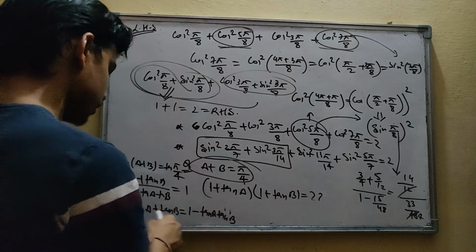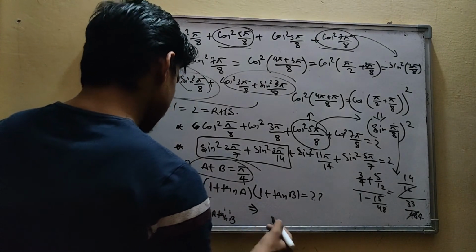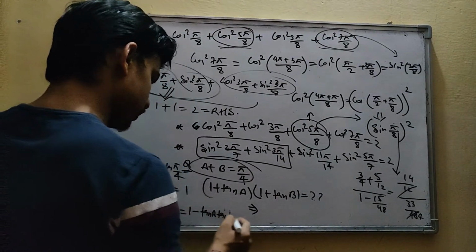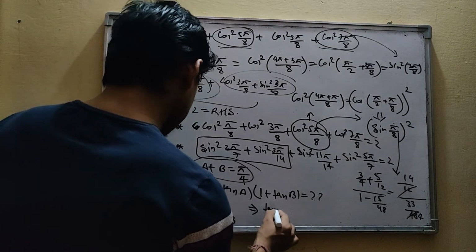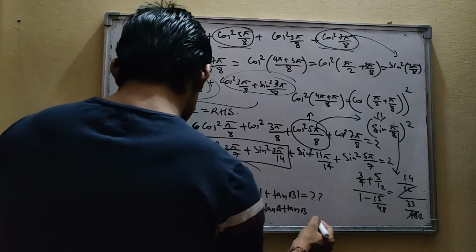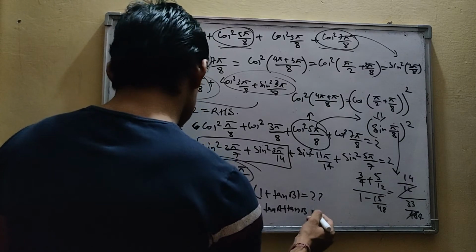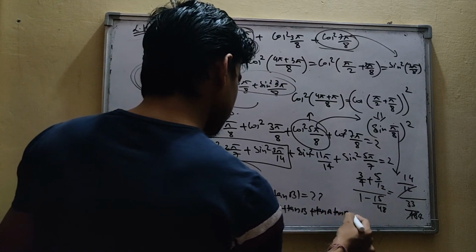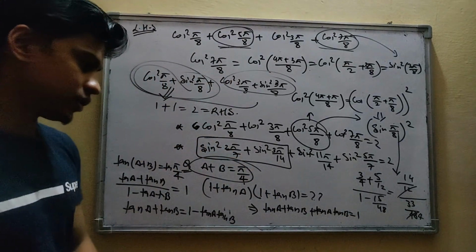If you take all these things over here, so this is going to be tan a plus tan b plus tan a tan b. This is going to be 1, right? So this is what we get.